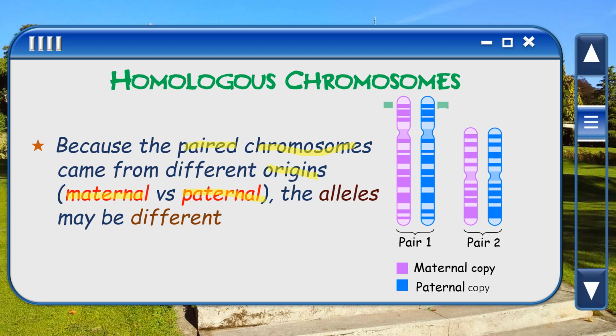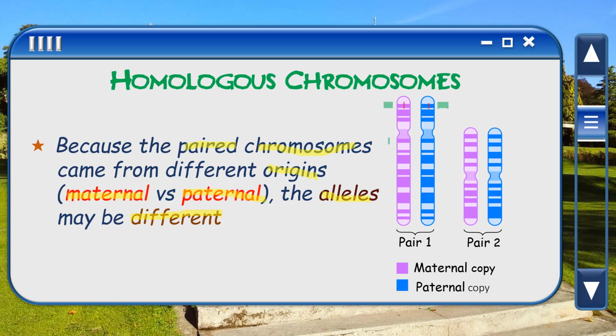If we look at this gene here and at that gene there, it is the same gene, but they might be different alleles, because they come from different origins.